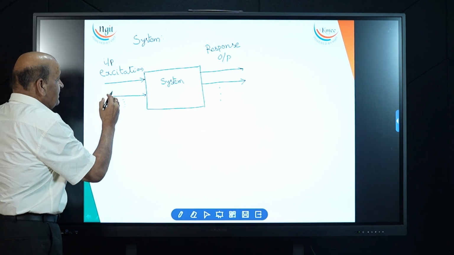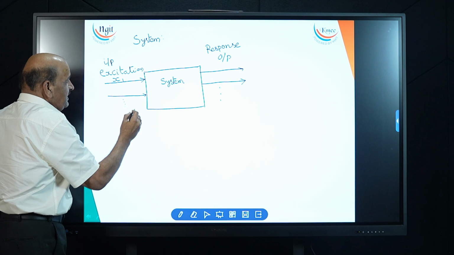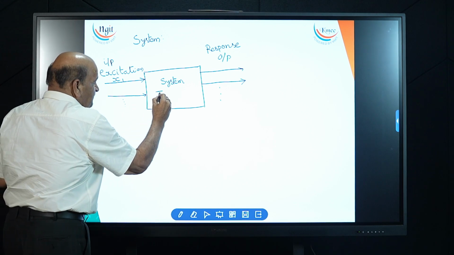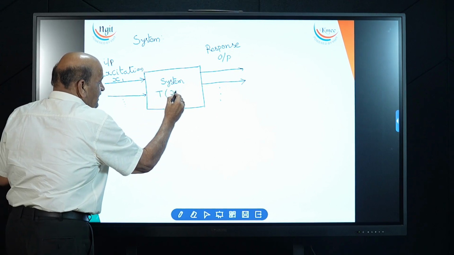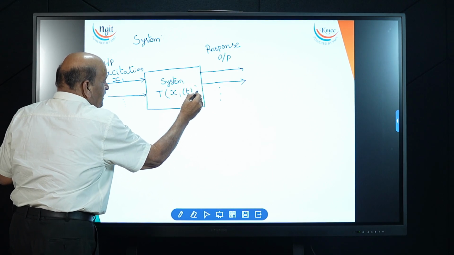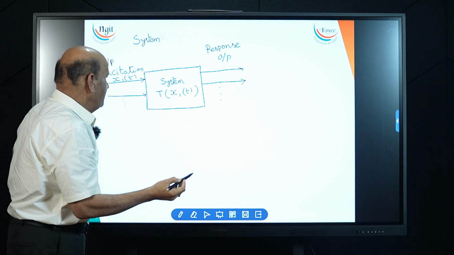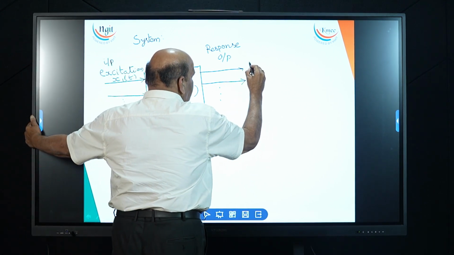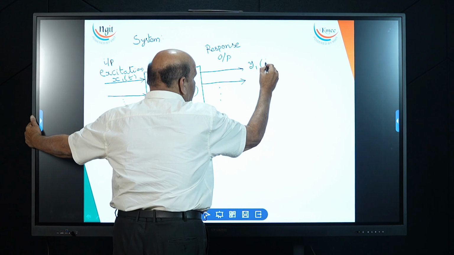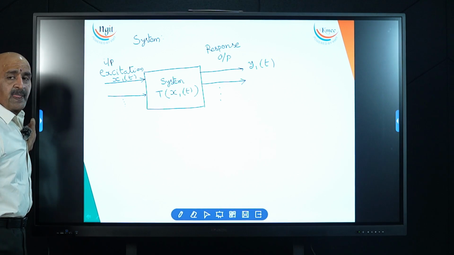For example, the input may be x1(t). It goes through some transformation, T of x1(t), and provides the corresponding response, which we call y1(t).